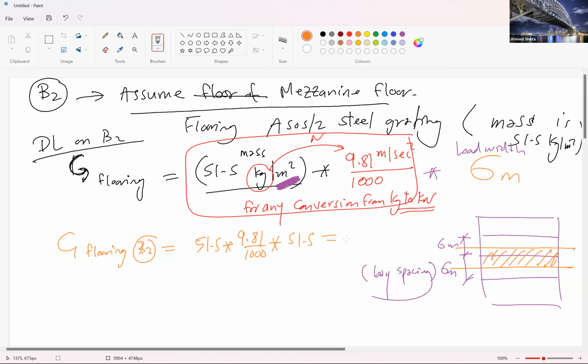So what you will do is find G for flooring, and G for the secondary beam. I will also do the secondary beam, because the secondary beam may also have load.